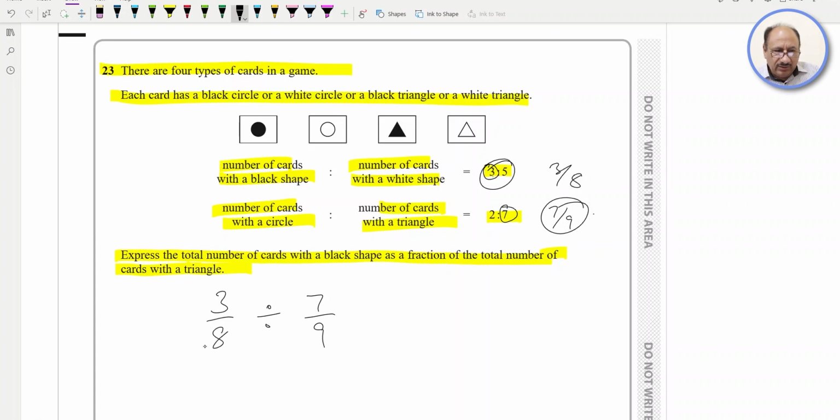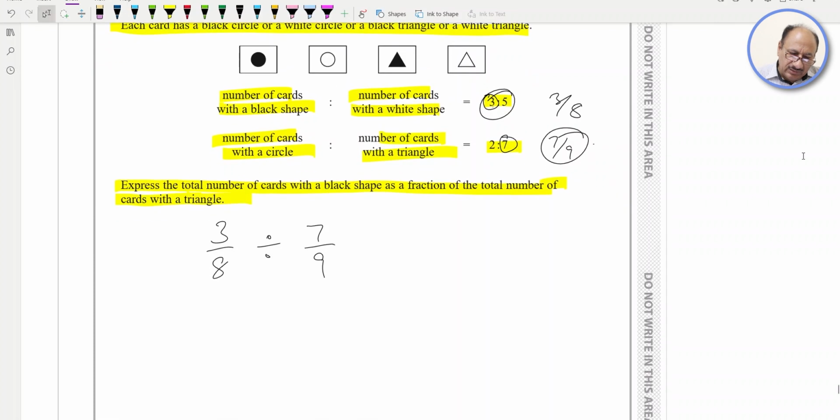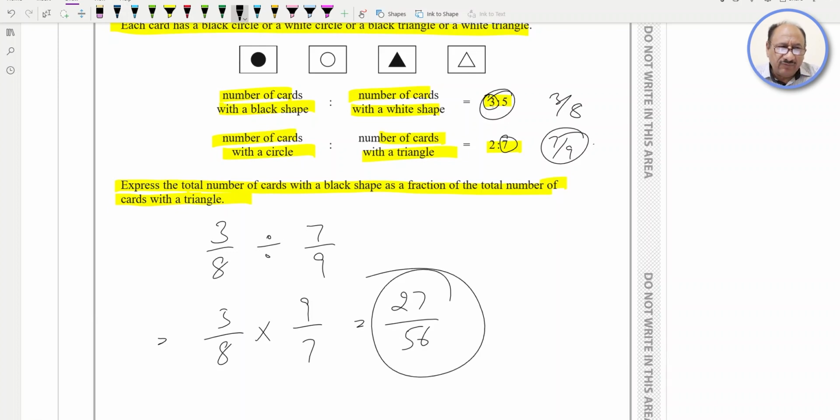So 3 by 8 divided by 7 by 9, and we can rewrite it as 3 by 8 multiplied by 9 by 7. There's no cancellation possible, so we multiply numerator with numerator and denominator with denominator: 27 over 7 8s are 56, so it will be 27 over 56.